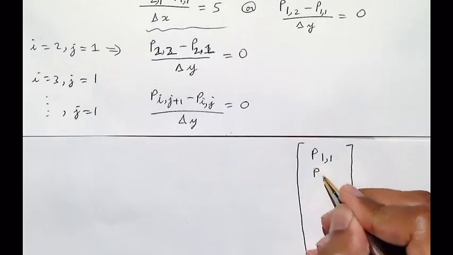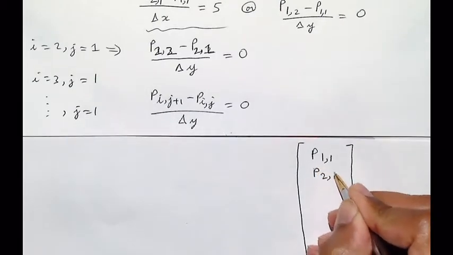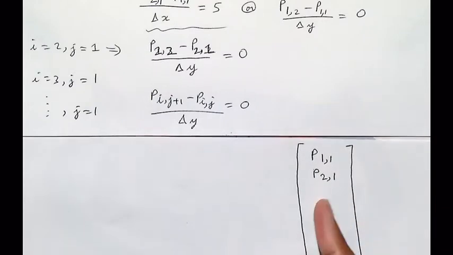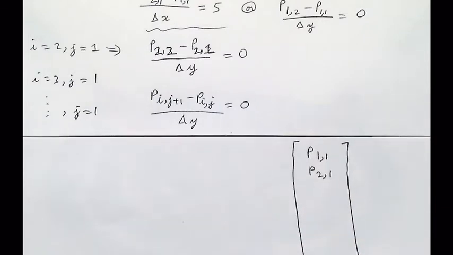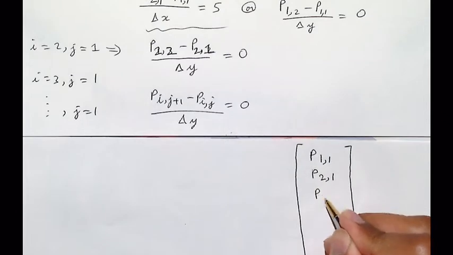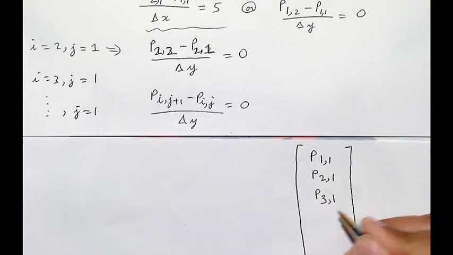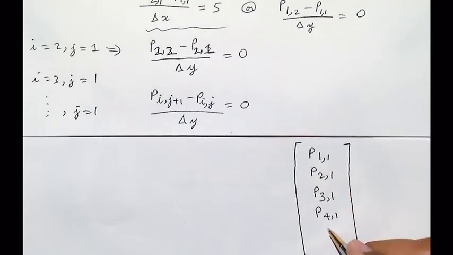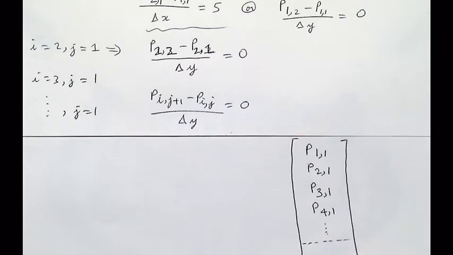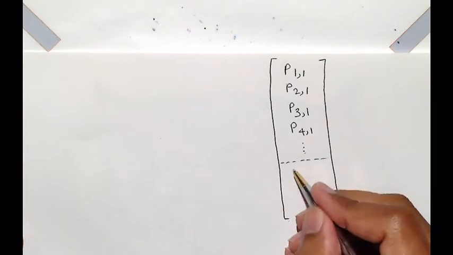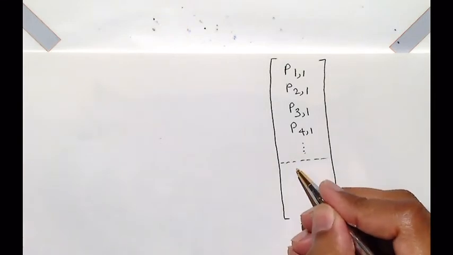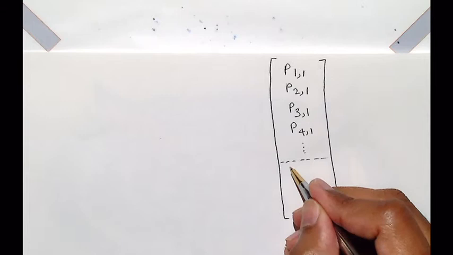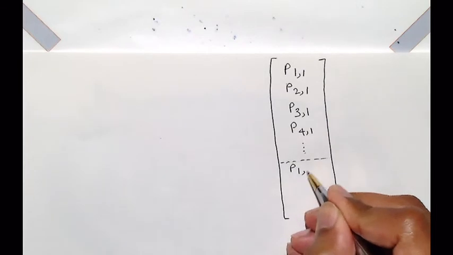Then I will want to find out what p2,1 is. So I'm basically going through all the bottom boundary nodes, and so on. What happens next is we will move up to the second row, which will give us p1,2.